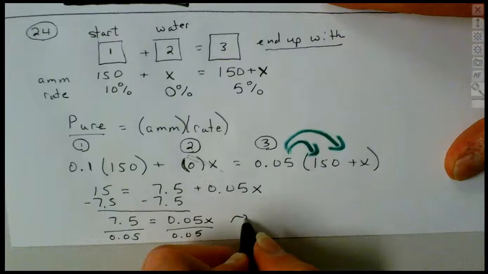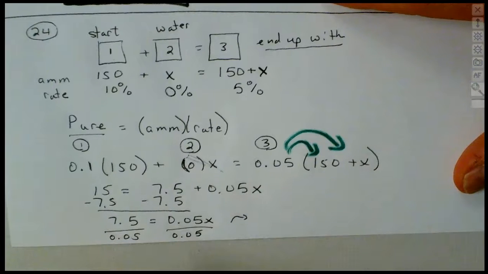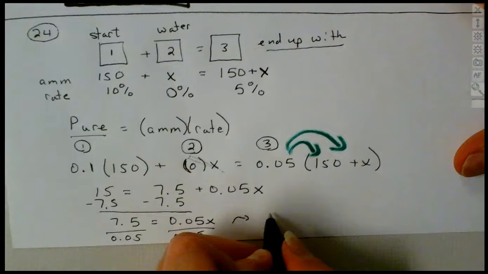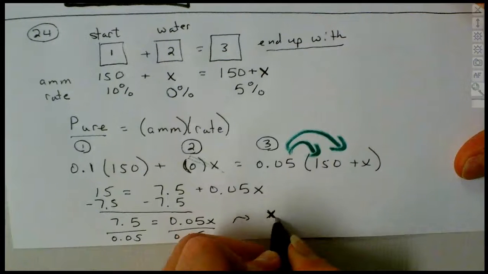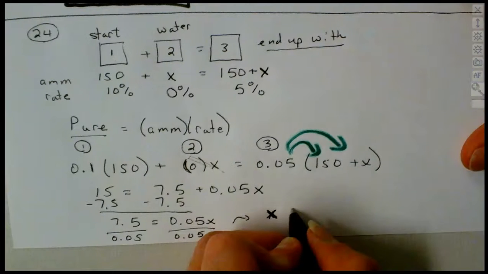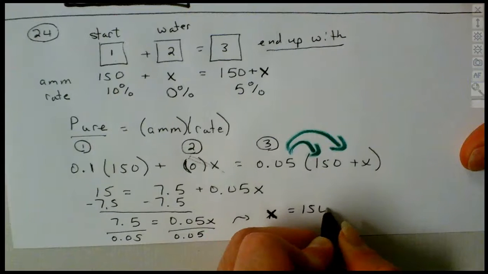And that then leaves me with x equaling. Let's put our x on the left now. So that gives us x equaling now when we divide out 7.5 divided by 0.05. That's going to give you 150.